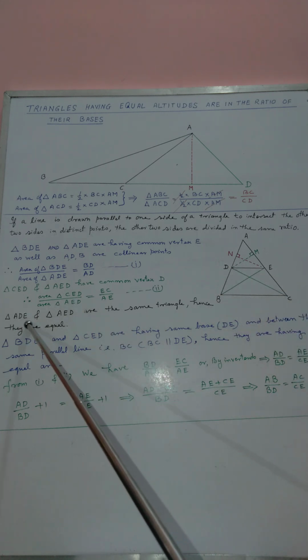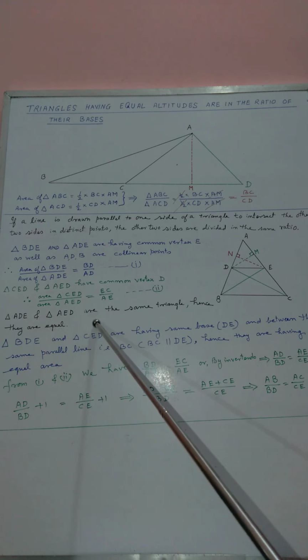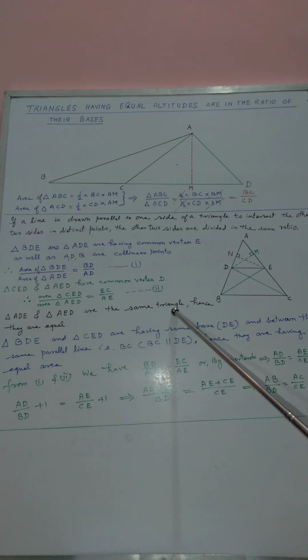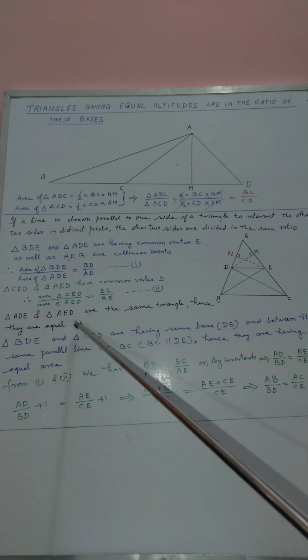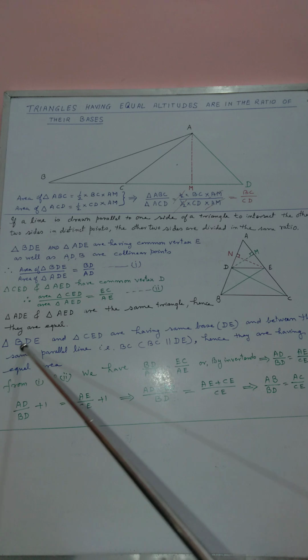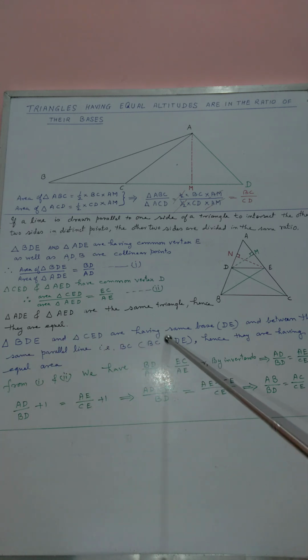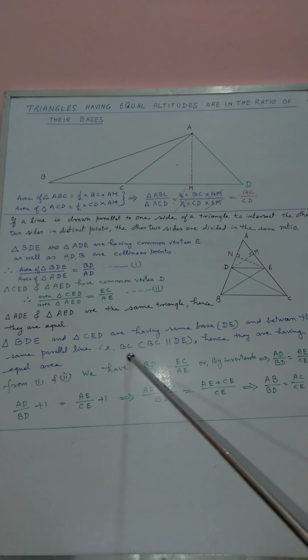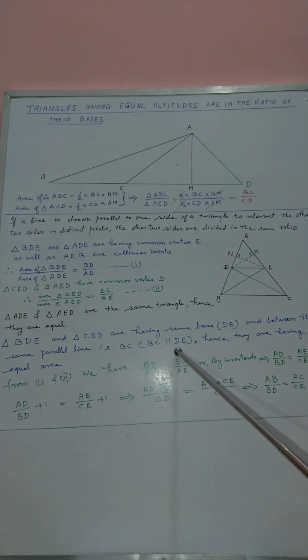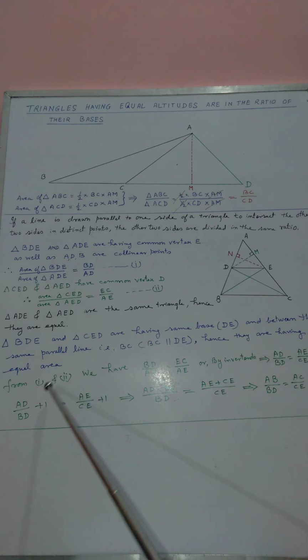You see here, ADE and AED are the same triangle, hence they are equal. Now the triangles BDE and CED have the same base, that is DE, and are between the same parallel lines, BC and DE. BC is parallel to DE. Hence they have equal area.